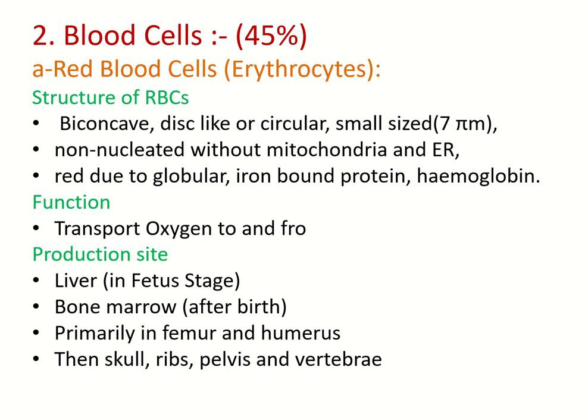These are non-nucleated cells without mitochondria and without endoplasmic reticulum. These are red in color because of the presence of an iron-bound protein, hemoglobin, which is actually a globular protein.